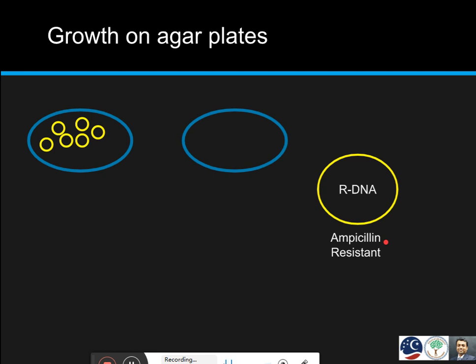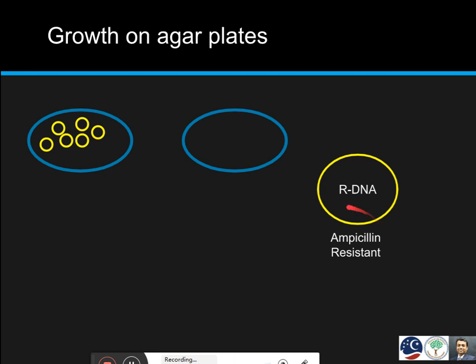Here we are using the ampicillin resistance gene as a selection marker, meaning this gene, if present, will protect the bacteria against the antibiotic ampicillin. That also means if the vector is not present, the cells cannot survive in ampicillin-containing media. That is what we are taking advantage of.